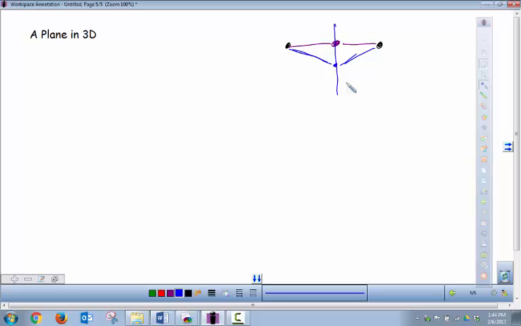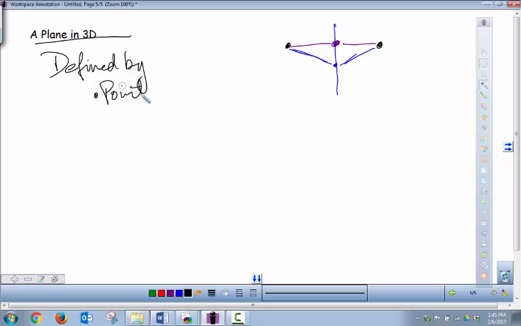All right. So a line can be defined if you have a point and a direction. It turns out that you can define a plane by a point and a normal vector.